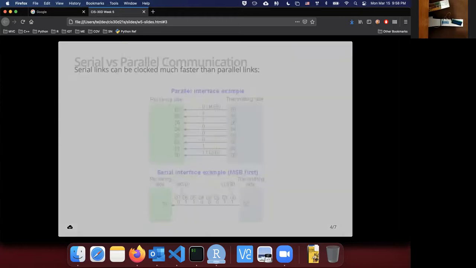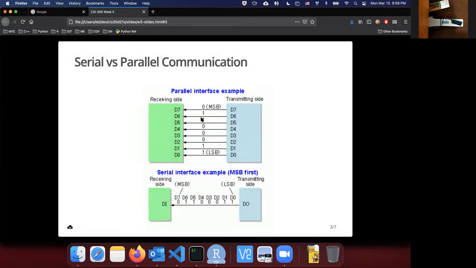Now, how is data getting sent? Say you send this one byte over, and then you have more data to send. There are different styles in that respect. In this case, let's assume our communication is synchronous.